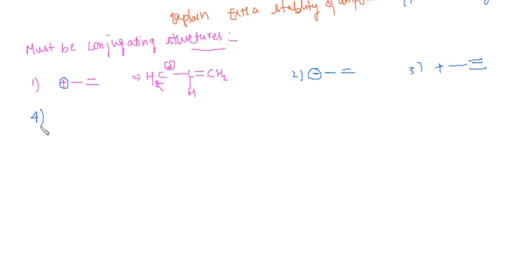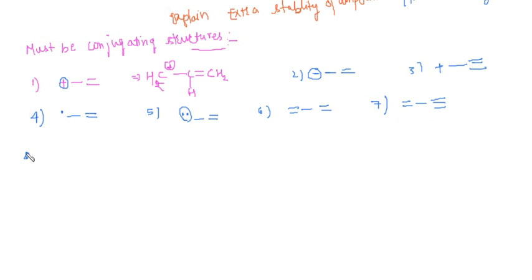Fourth, a free radical is in conjugation with a double bond. Fifth, a lone pair is in conjugation with a double bond. Sixth, a double bond is in conjugation with a double bond. Seventh, a double bond is in conjugation with a triple bond.